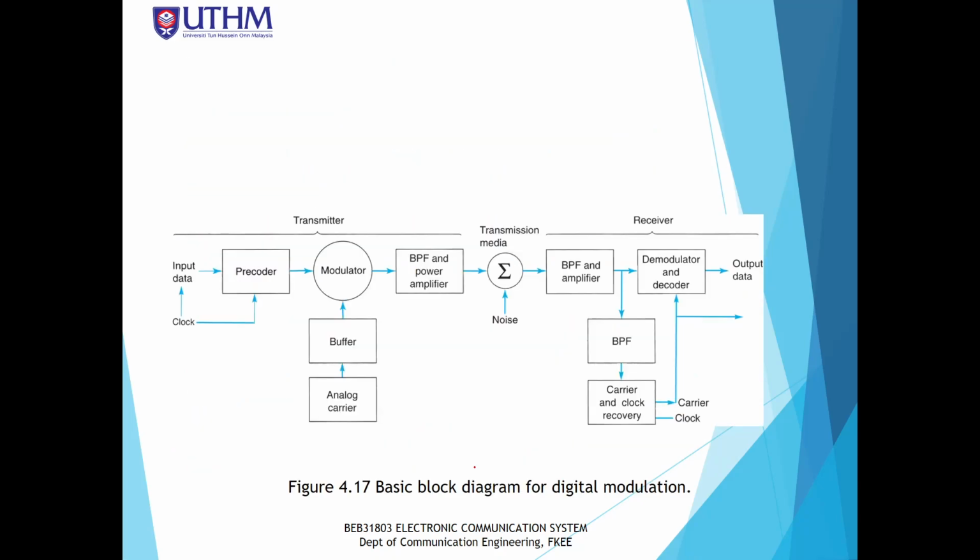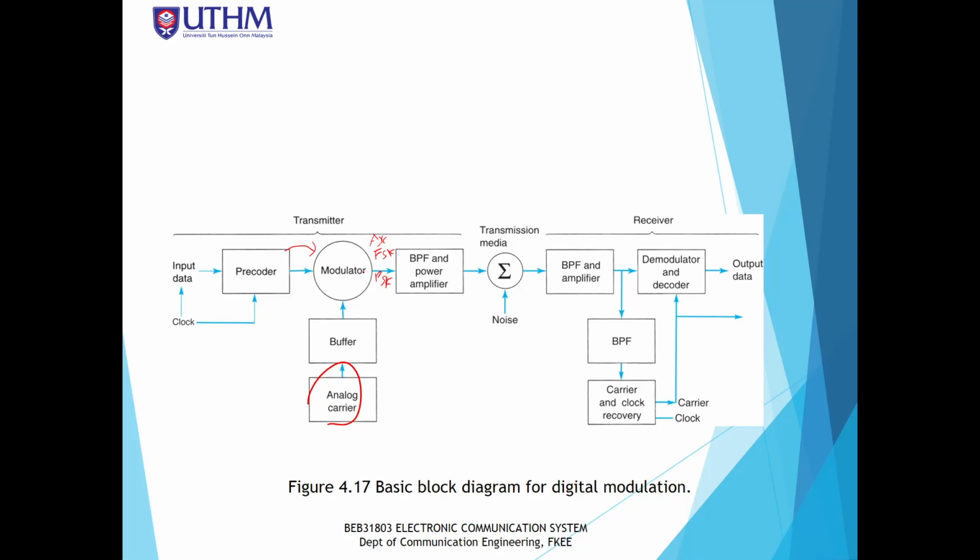This is the block diagram for the digital modulations, showing the transmitter and receiver. We have the input data, which we change into a digital code word, and then we put it inside the modulator and modulate with the analog carrier. It will produce either ASK, FSK, or PSK.